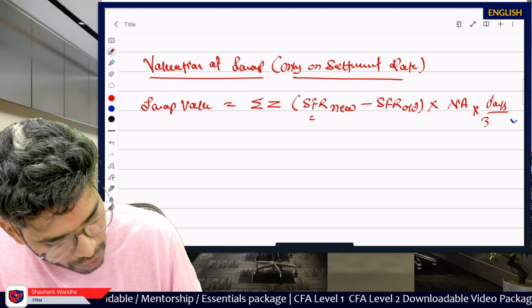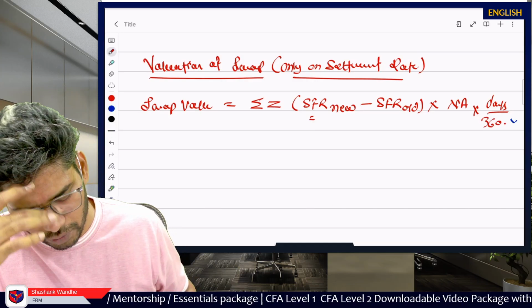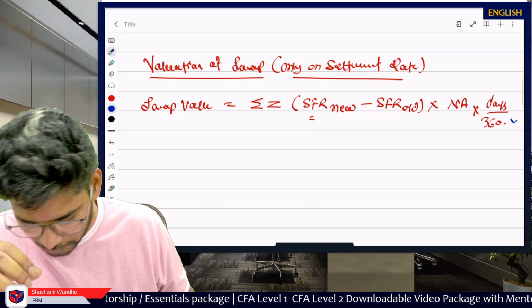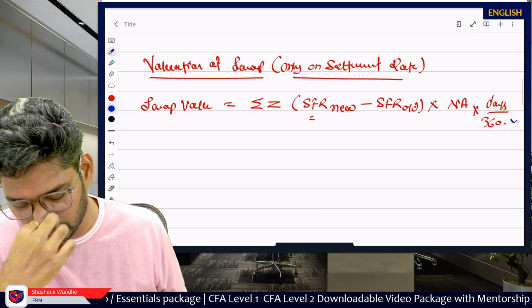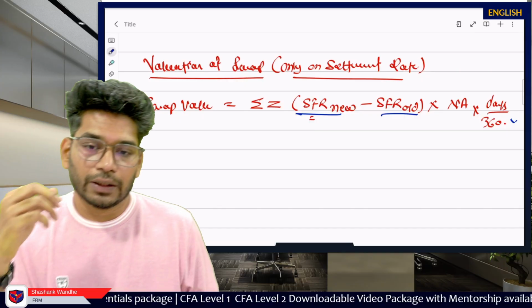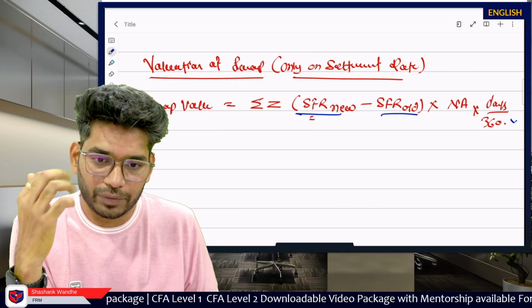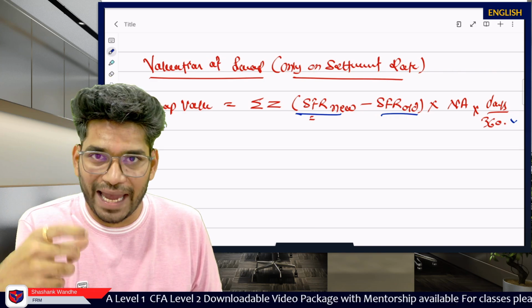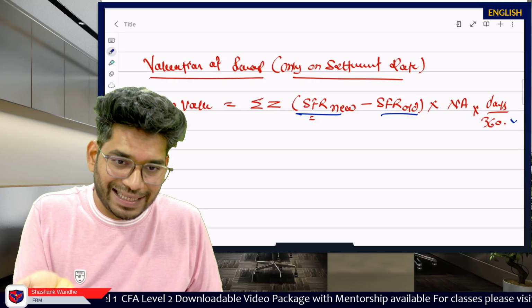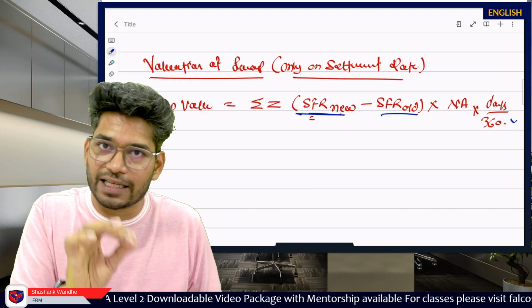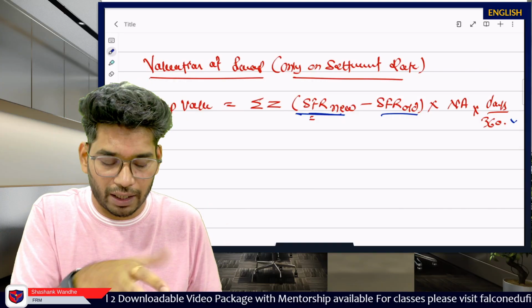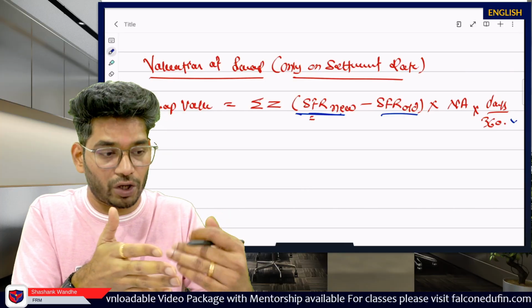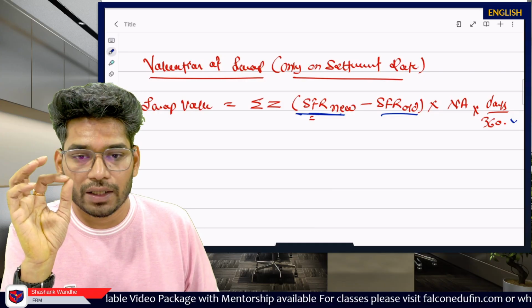Here you are using the annual rate, so we don't have to bother about it. Now, think from a very simplistic perspective. Here you are paying the fixed rate. You have to recalculate the SFR again on the settlement date, because you will have the next spot rates.